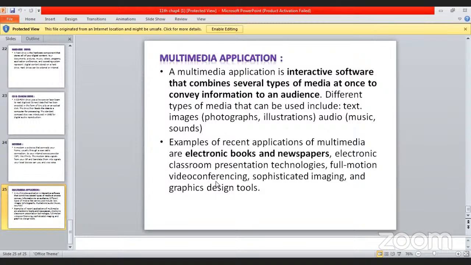So that multimedia has a variety of applications like video games, training tools, and etc. That multimedia kit consists of different things like a sound card, CD-ROM drive, standard speaker system, and microphone.